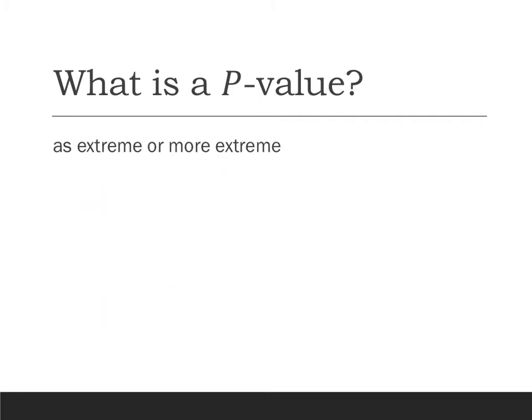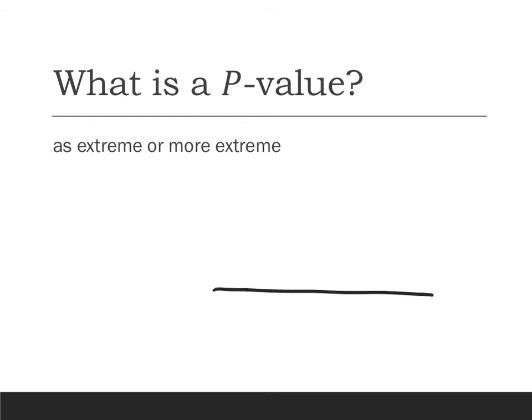All right, this next phrase is interesting because it works in either direction. So if you remember, we talked about having a one-tail test versus a two-tail test. What we're talking about when we say as extreme or more extreme, that's basically just saying if we have a value, and I'm going to draw a normal curve here so that we can have kind of the idea.